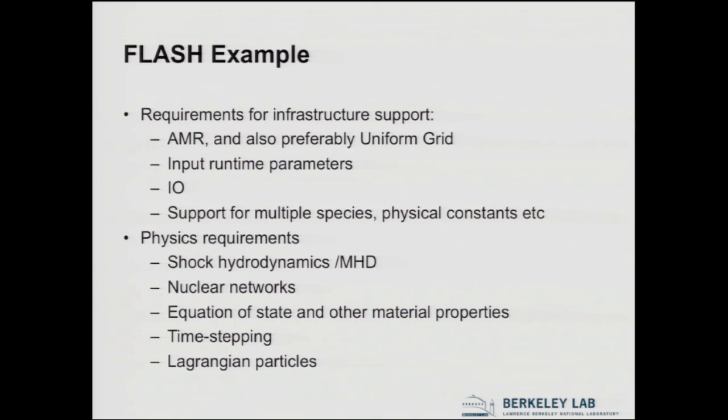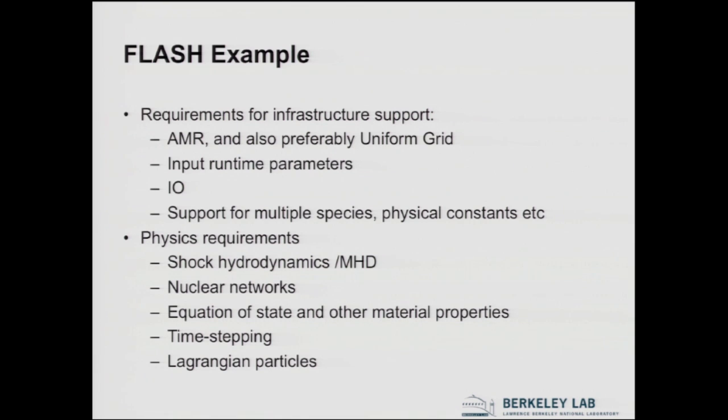So I will work through the code architecture with the Flash example. And when we designed the infrastructure for Flash, the architecture for Flash, these are the requirements that we were working with. That the problems of interest were all going to have multiple scales, and therefore AMR was necessary.